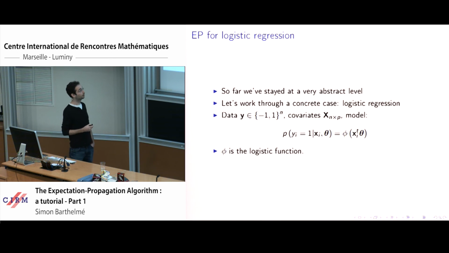The covariates are a big matrix n times p, so I have p predictors and n data points. And the model is that p of y equals 1 given xi and theta is phi of xi transpose theta, and phi is the logistic function. So it's a GLM, it's a classical logistic regression, there's nothing fancy about it.